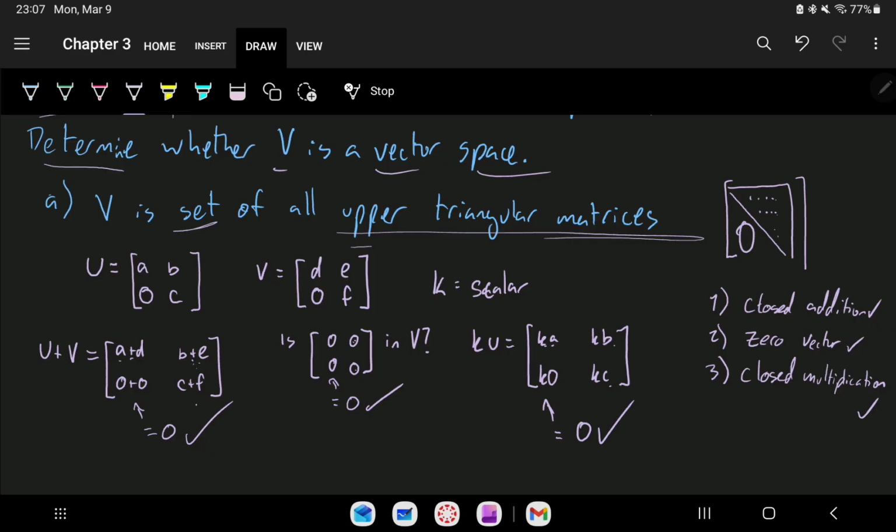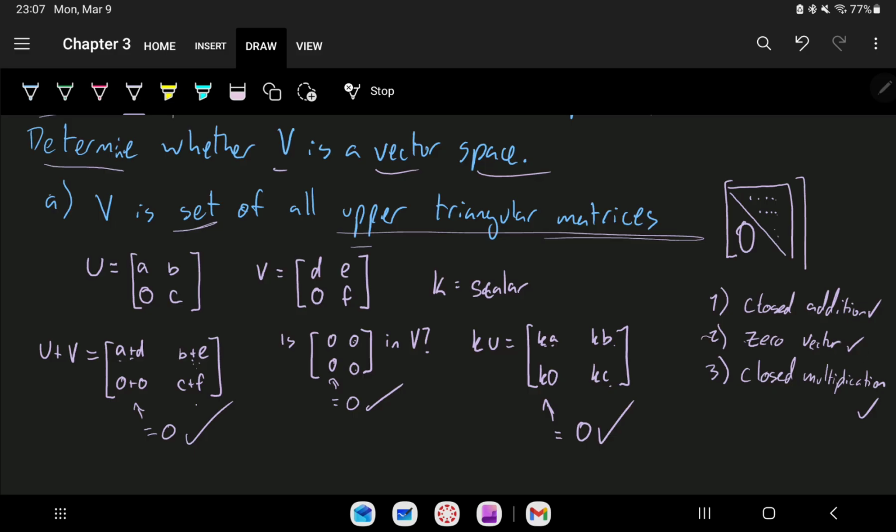So we have proved that it is closed under addition, proved that it has a zero vector, and we've proved that it is closed under multiplication. I encourage you to actually work this out on your own, but we can say definitively that all of the other 7 axioms are implicit within these. In fact, the zero vector is technically implicit within these two.